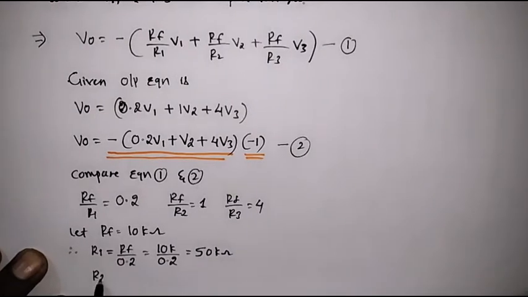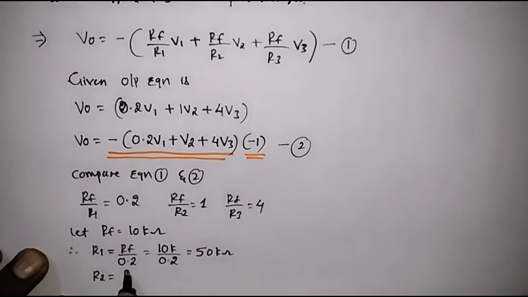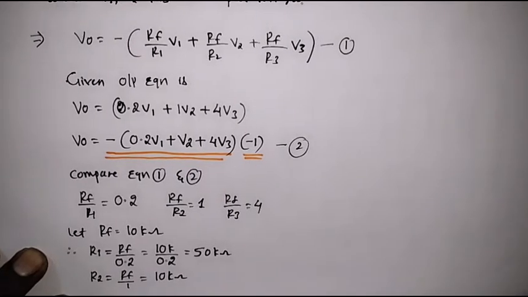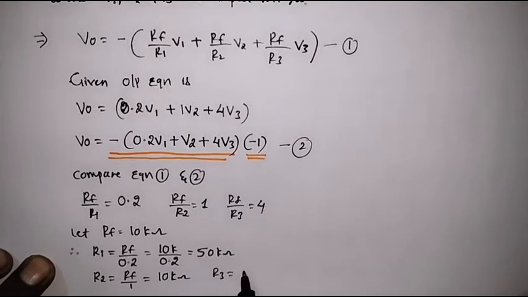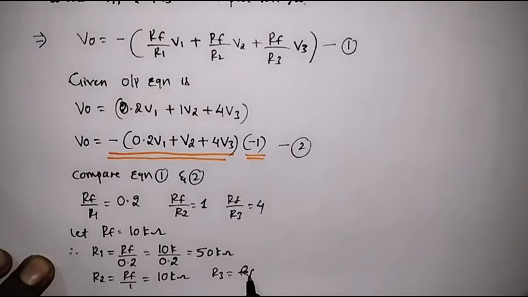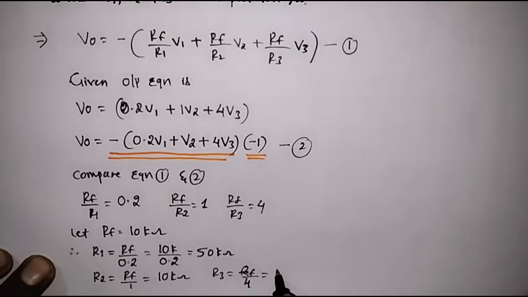Similarly R2 is equal to RF by 1, which is equal to RF itself, that is 10 kilo ohm, and here R3 is equal to RF by 4, which is equal to 10k divided by 4, which is equal to 2.5 kilo ohm.